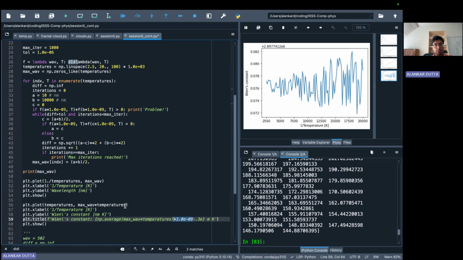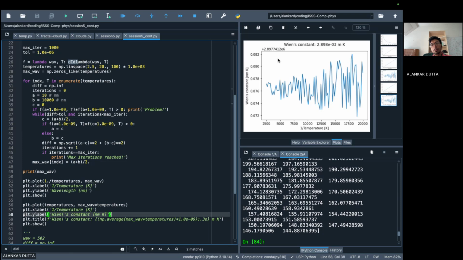So this entire thing has to be the Wien's constant, right? In terms of meters per Kelvin, because nanometers is not what we are going to use, just SI. So let's run this. And you see it's 2.898 times 10 to the minus 3 meters per Kelvin.